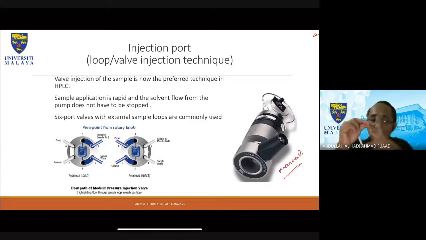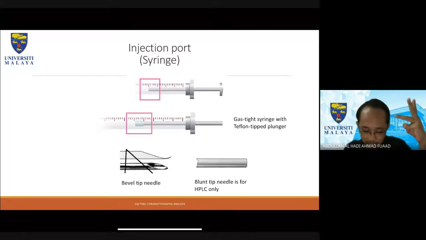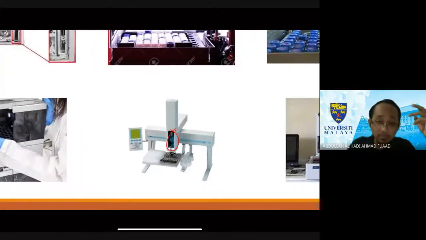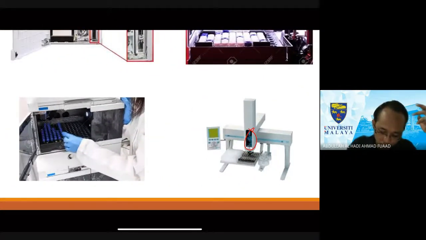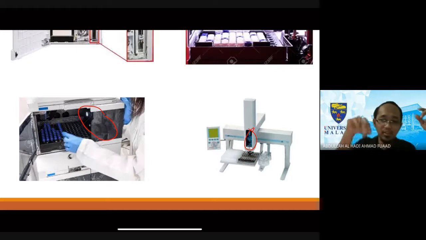So the first automatic type is where you have an arm, and I have a picture right here. An arm like that, somewhere in the middle here. If you have used an HPLC before, then you can see that there's an arm moving either to take the vials and move them somewhere else, or the arm itself has a needle poking through it.